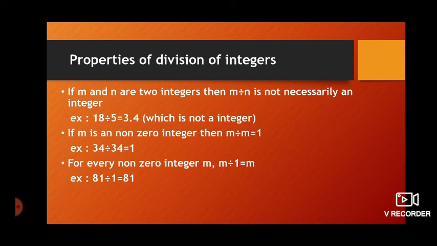Now, for every non-zero integer m, if we divide it by 1, that means m divided by 1 is equal to m. That means if we divide any integer by 1, we will get the same integer as the result. Here 81 divided by 1, the result is 81 again.